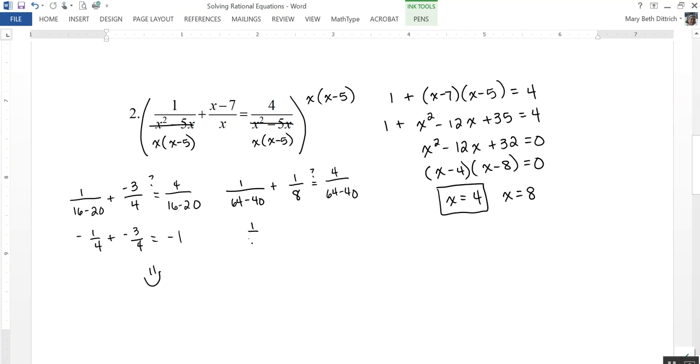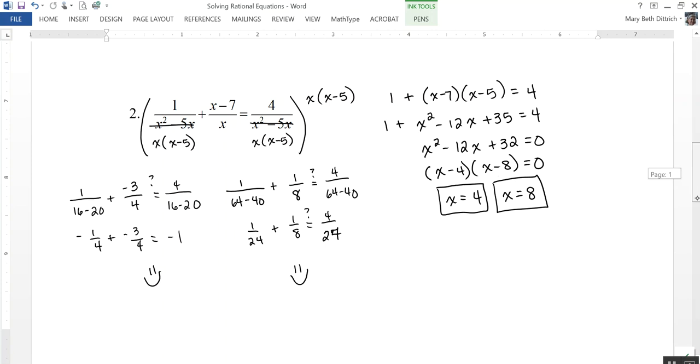Is 1 over 24 plus 1/8 equal to 4 over 24? Oops, 24, not 25. It is, because 1/8 is equal to 3 over 24, so that does work. So in this case, both of my answers work.